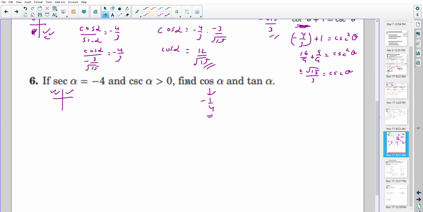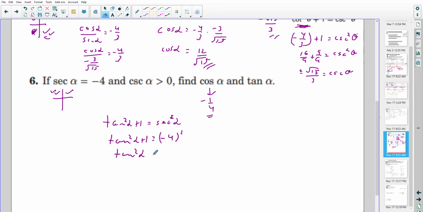Well, if I know the cosine and, let's see, I guess the secant and tangent have the Pythagorean identity that I can use. So I know that the tangent squared alpha plus 1 equals the secant squared alpha. And I want to do a substitution. So it's going to be tangent squared alpha plus 1 equals -4 squared.